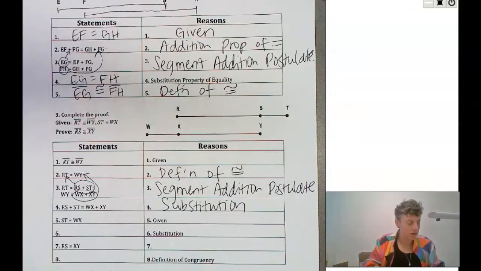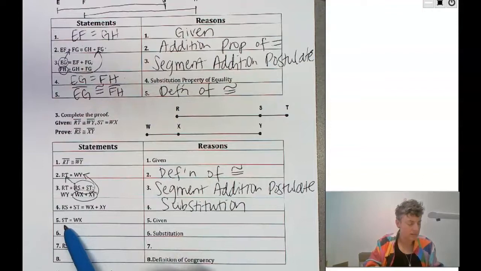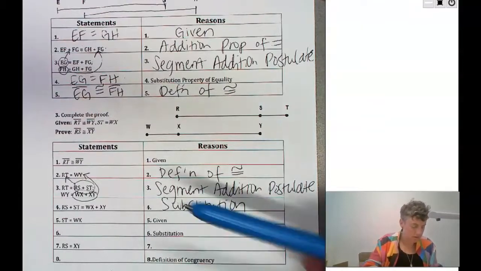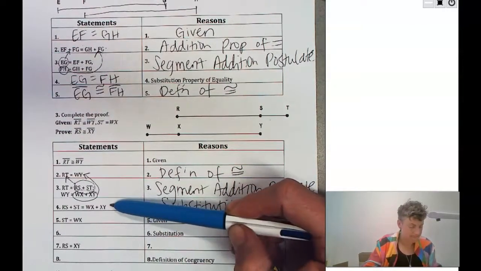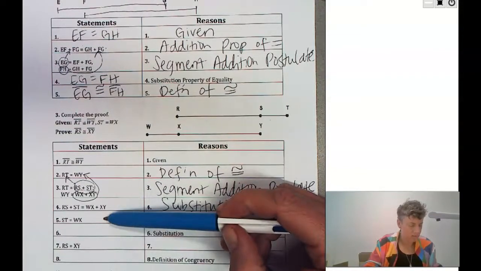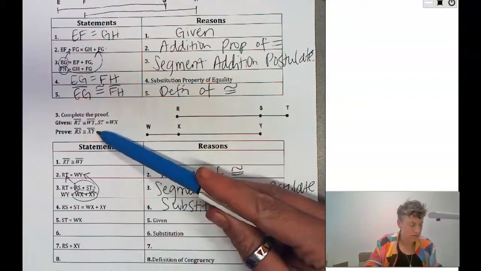Now we're going to use our other given. ST equals WX. That is given. And then we got another little hint here saying we're going to do some substitution. What are we going to substitute? Well, let's look at this equation and this equation, so looking at 4 and 5. We're trying to get down to RS is congruent to XY.